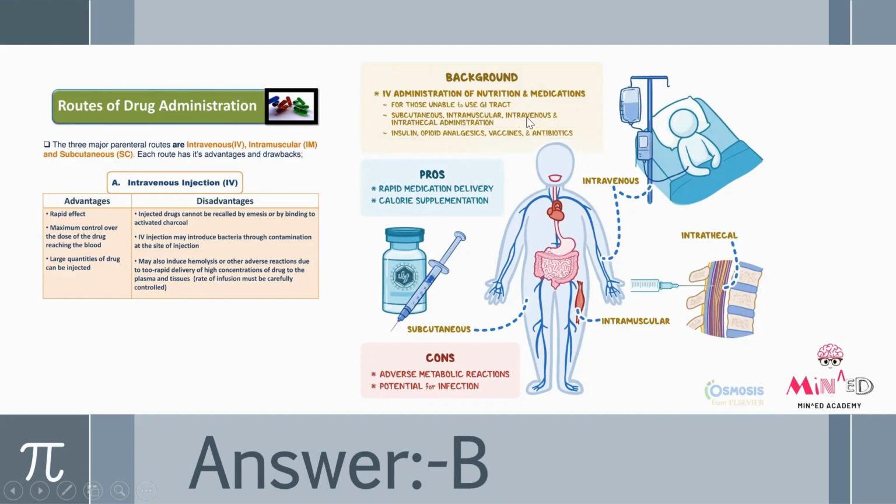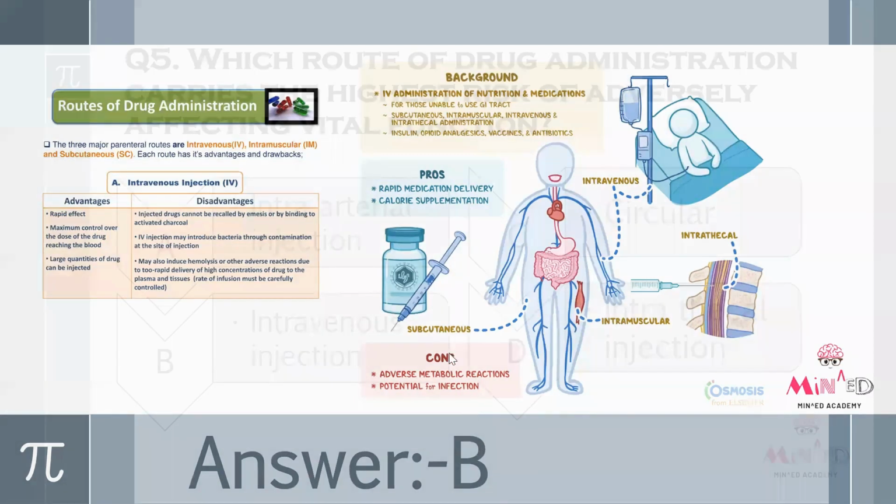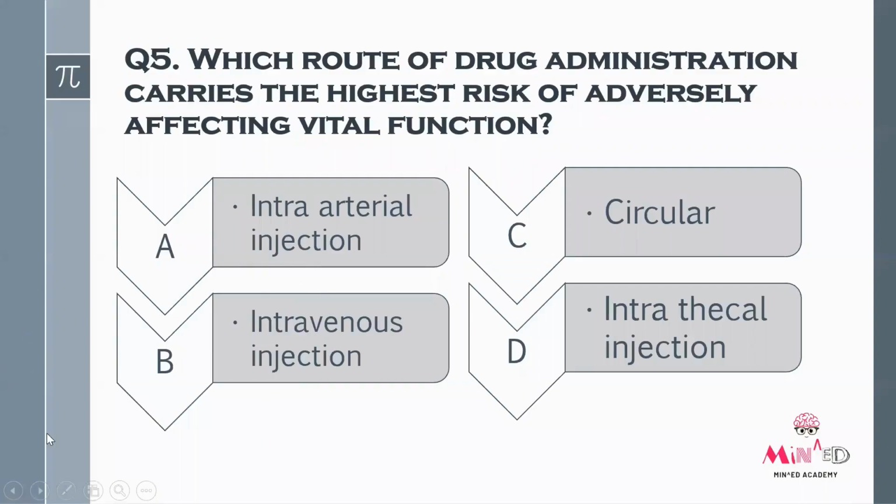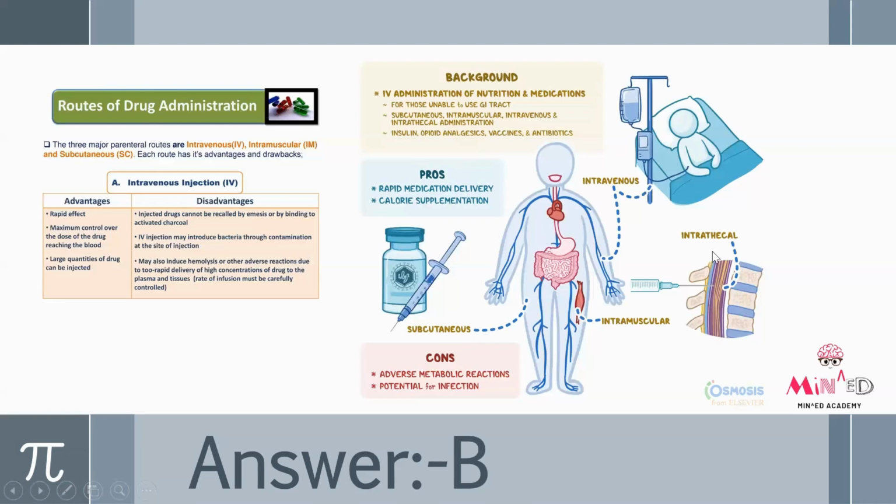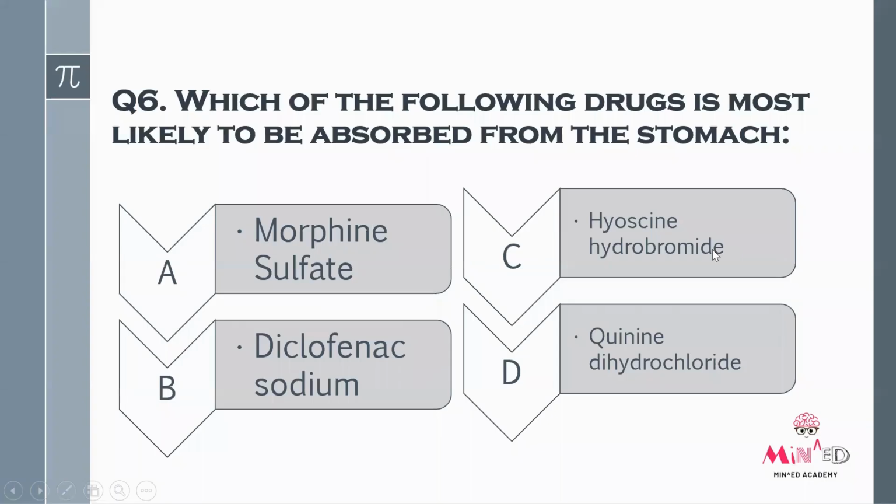Subcutaneous, intramuscular, intravenous, and intrathecal administration are other routes; insulin, opioids, analgesics, vaccines, and antibiotics are provided through these. Pros are rapid medication delivery and calorie supplementation, and cons are adverse metabolic reactions and potential for infection. So the answer for this will be B, intravenous injection.